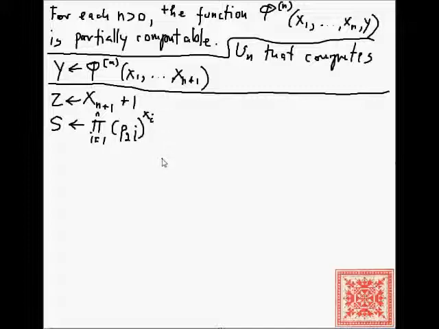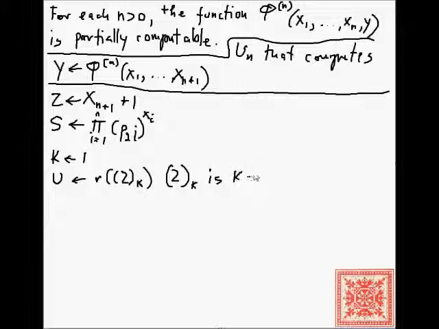So essentially, every prime in an even place is used, so the second prime, the fourth prime, and so forth. This is what p sub 2i is, and it encodes the value of the specific variable: x1, x2, x3, and so forth.